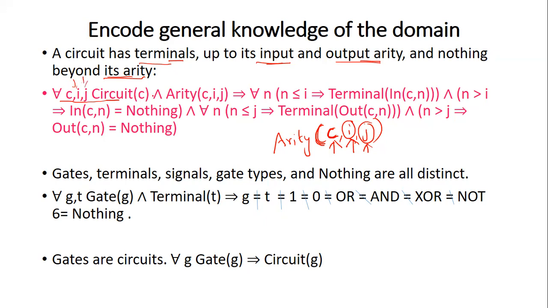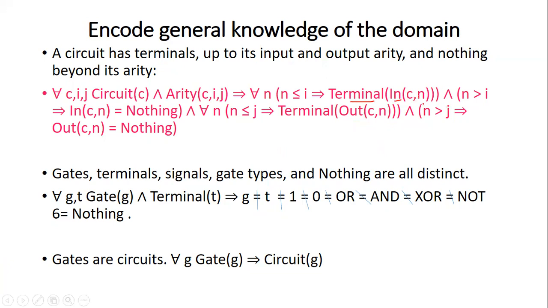Circuit of C and arity of C comma I comma J, that is, the circuit C has I inputs and J outputs. It implies that for all n less than or equal to I, terminal of input of C comma n.